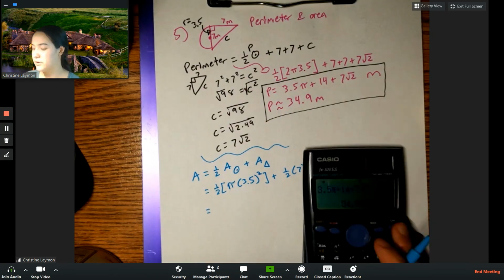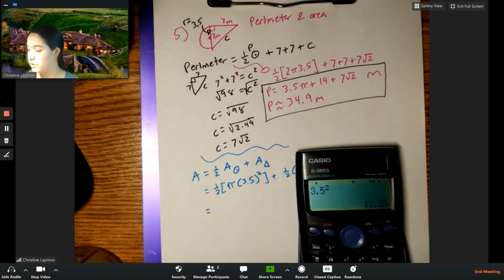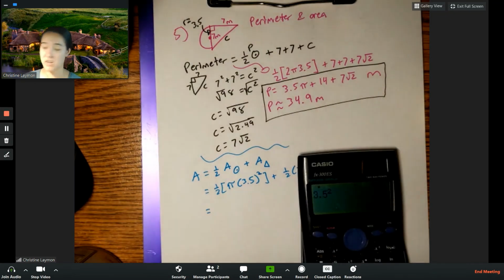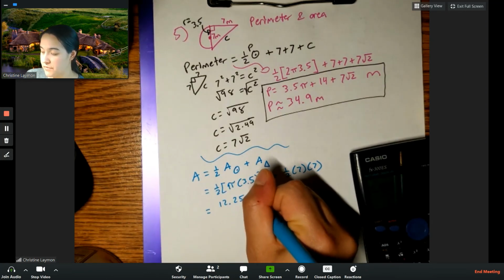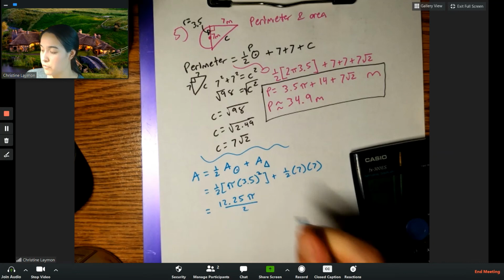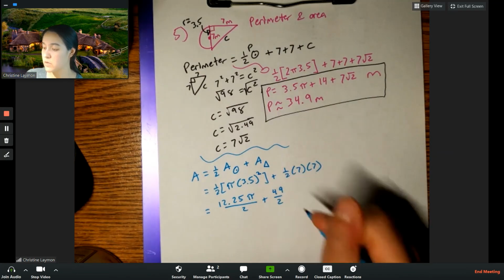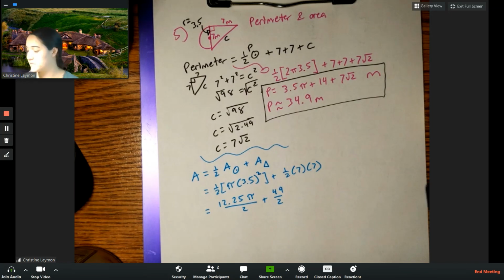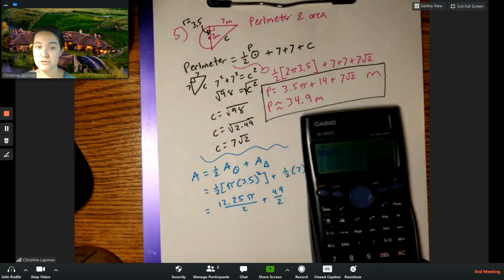So coming through here, I have 3.5 squared. That's 49 over 4 or 12.25. Either way, I'm going to write this as 12.25 pi over 2 plus 49 over 2. And now we can go ahead and keep simplifying that. This divided by 2 is 6.125.